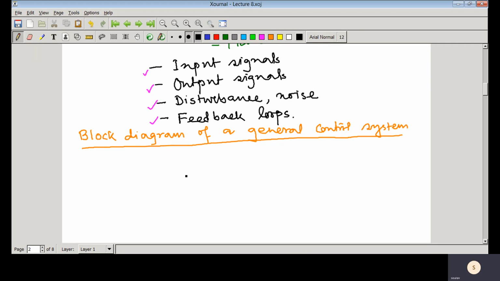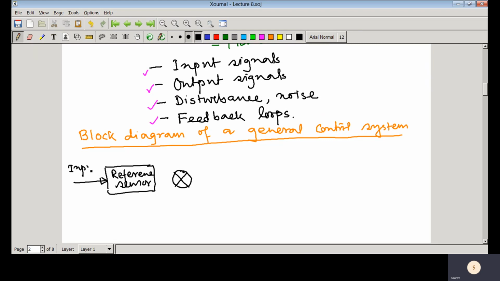So we have the comparator. So this is the comparator. Normally we represent like this. Here you have the reference sensor. So it is just like a filter.